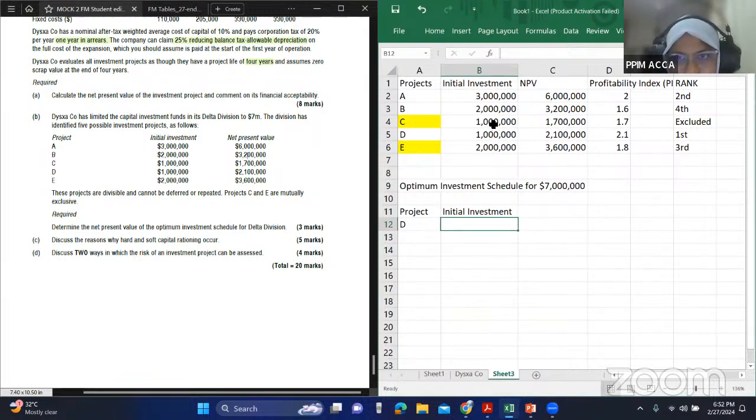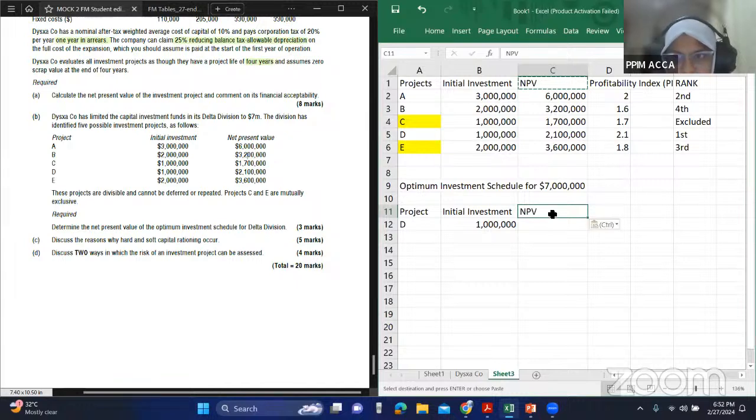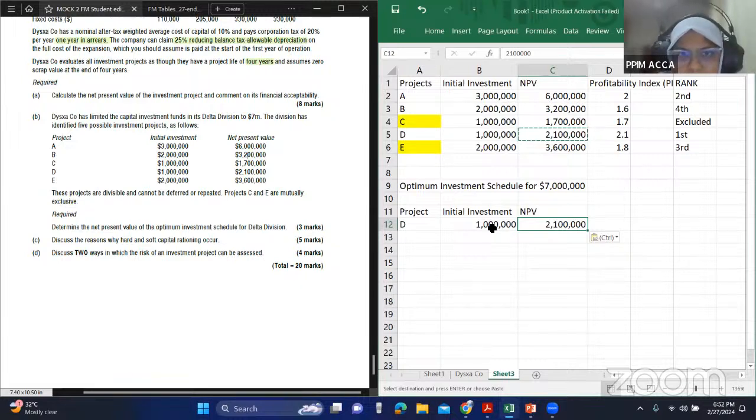I'll copy this. And the NPV that we will get is 2.1 million. Once we are done with D, from the 7 million we have already used up 1 million, so now we only have 6 million remaining.